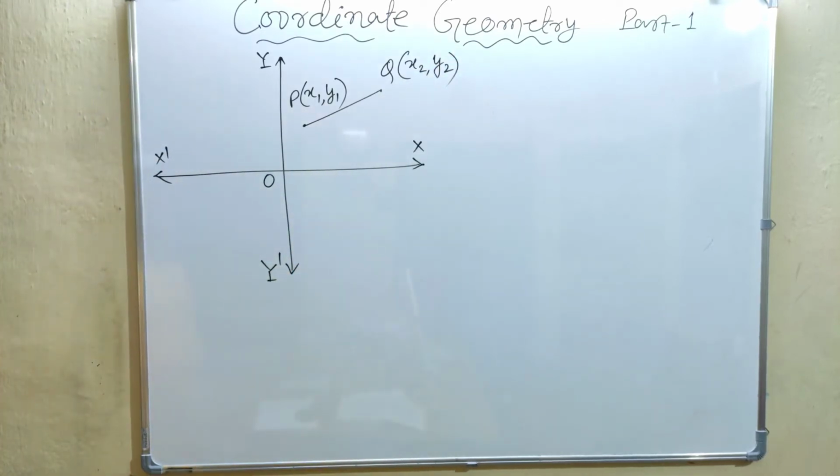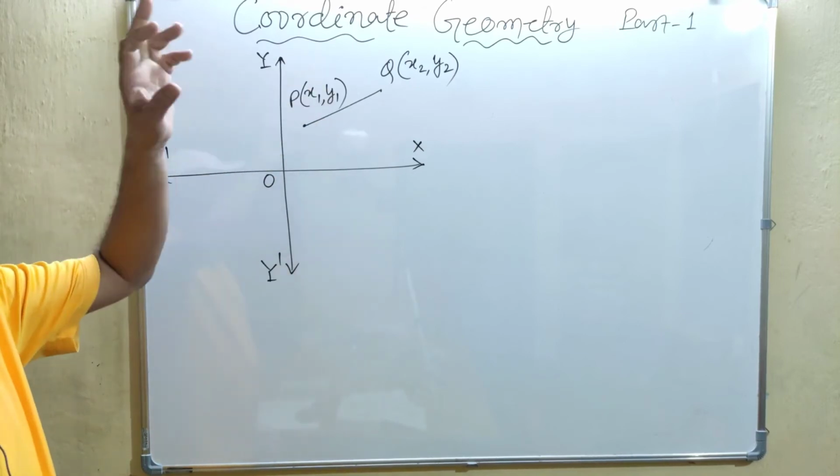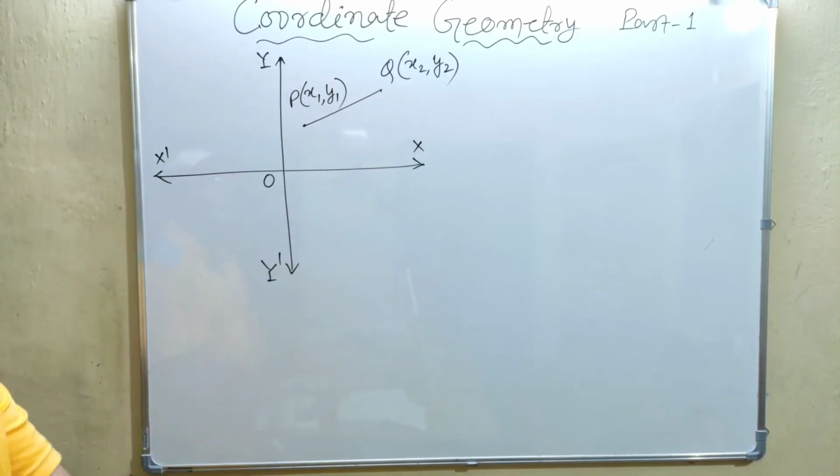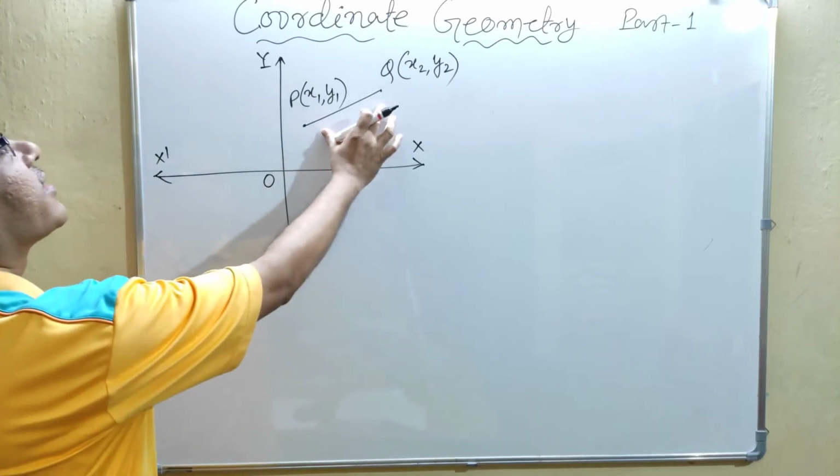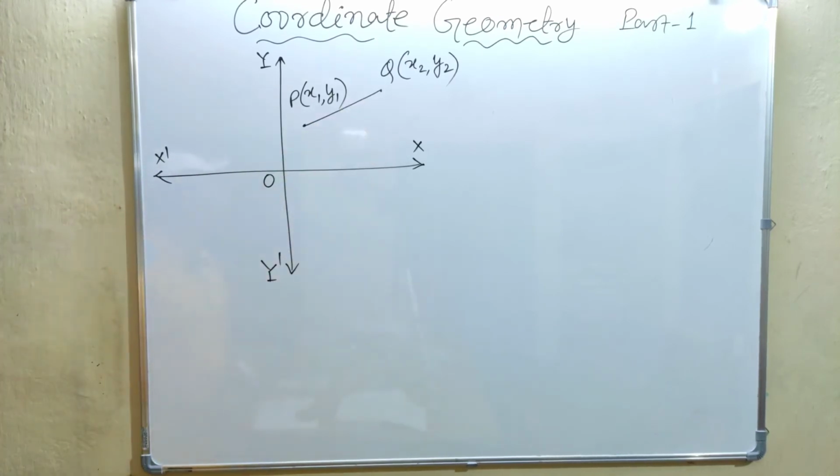Two points are there in the plane, one is (x1, y1) and another is (x2, y2). We want to find the distance between point P and point Q. This is what we are going to learn here.